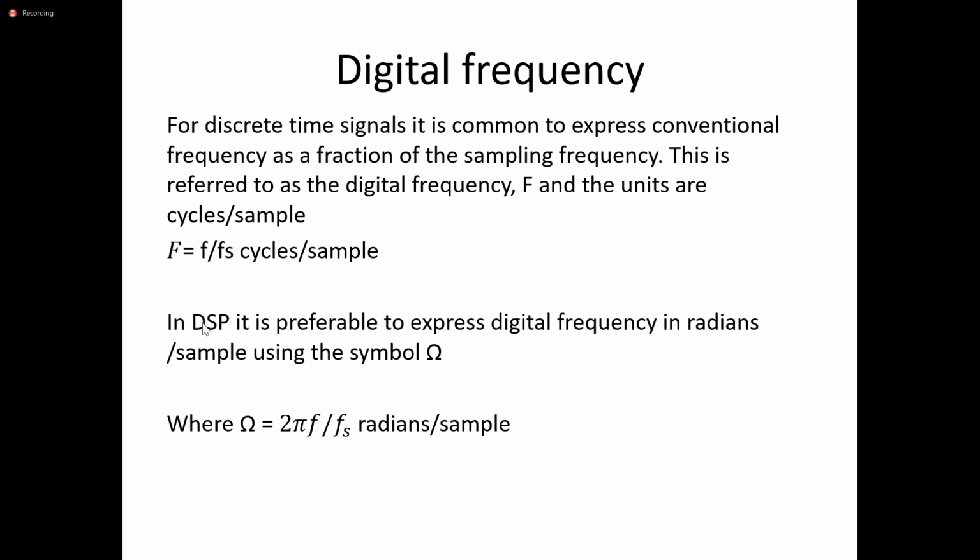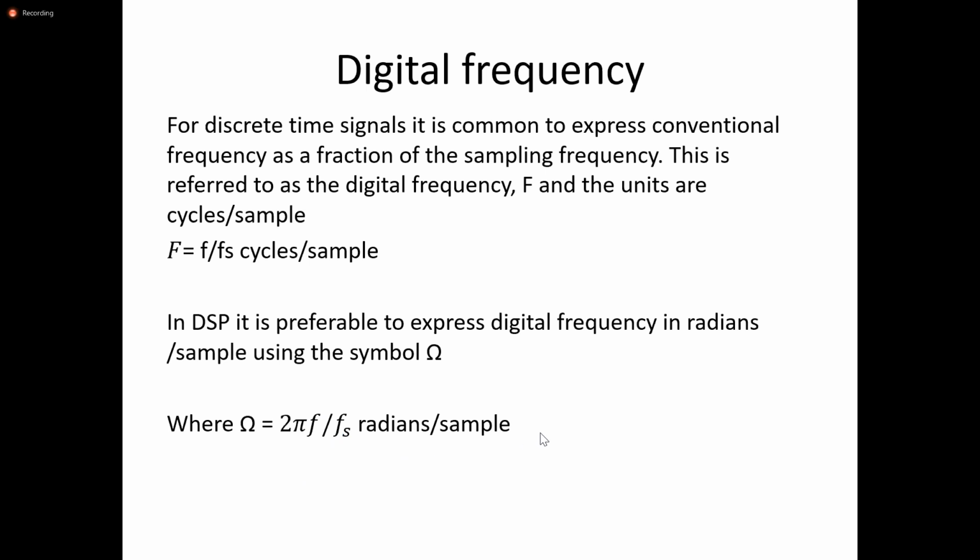Now, in terms of DSP, it is even more preferable to express your digital frequency in terms of radians per sample. And this is given the symbol capital omega, where omega is equal to 2 pi times the frequency of interest, F, over Fs.